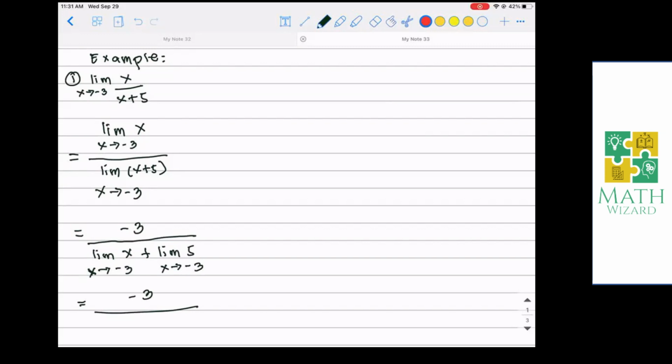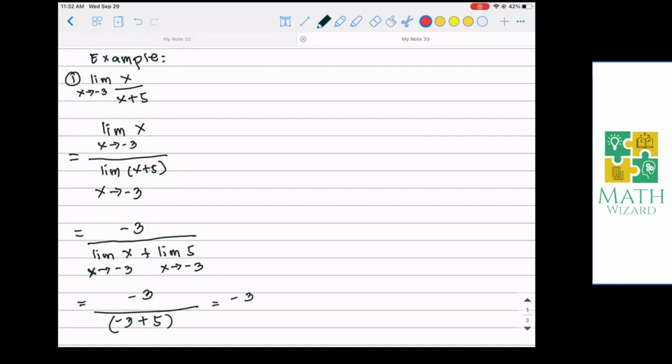Ang magiging sagot natin ay kung saan nag-a-approach si x, and that is negative 3 plus, okay, ito na lang to, plus the limit of 5 as x approaches to negative 3. This is the constant rule. Kung kukunin natin yung limit ng constant, ang sagot yung constant mismo. Kaya it's plus 5.